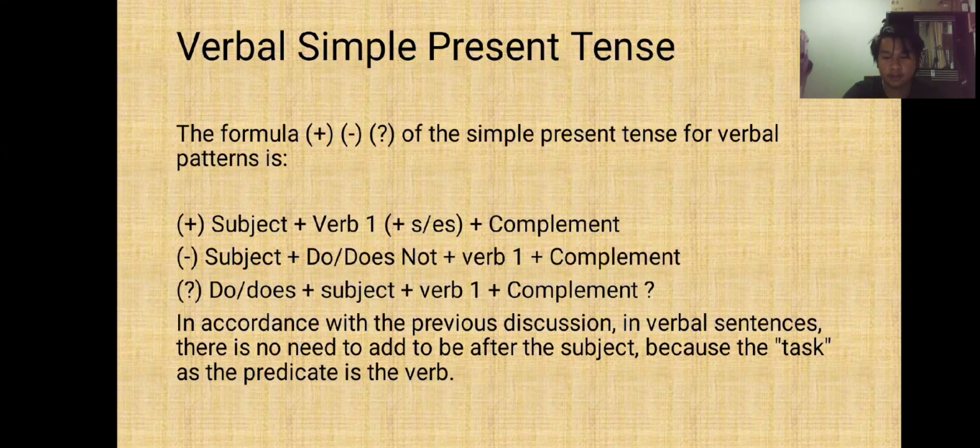Interrogative, do or does plus subject plus verb 1 plus complement. In accordance with the previous discussion, in a verbal sentence there is no need to add to be after the subject because the predicate is the verb.